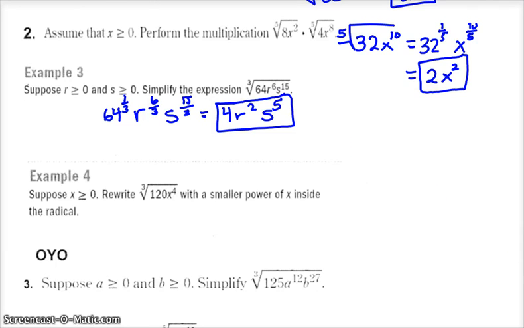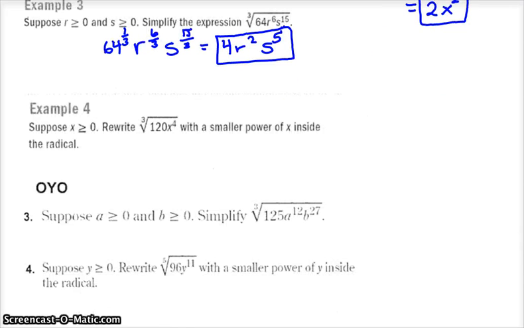Okay, example number 4. It asks us to write the radical with a smaller power underneath the radical symbol. Now, this is going to require us to break down the terms underneath the radical into things I can take the third root of. So, the number 120 must be broken down into two numbers, one of which I can take the third root of.